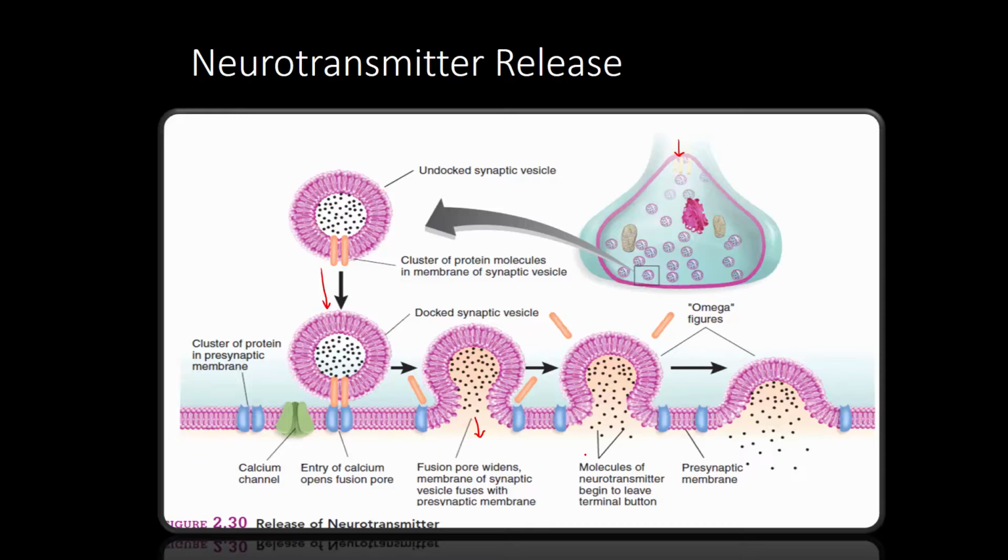What would happen if I blocked those calcium channels? Well, if I blocked the calcium channels, calcium wouldn't be able to come into the cell. Neurotransmitter would never be released. What if I were to just inject a whole bunch of calcium here? That would cause this docking to occur without an action potential.